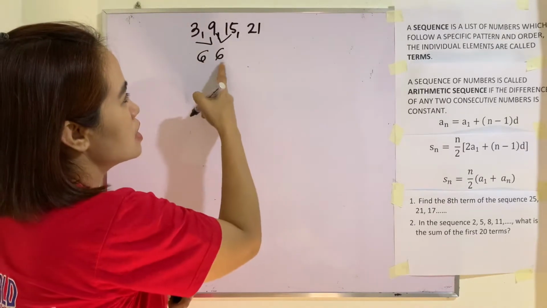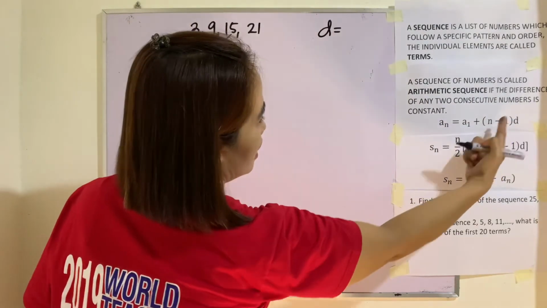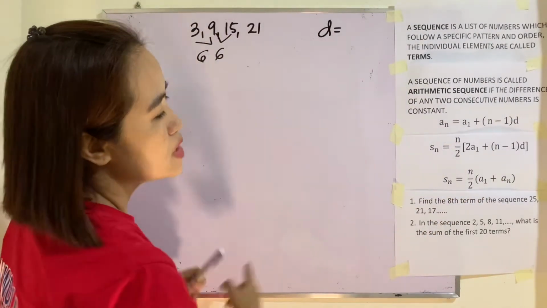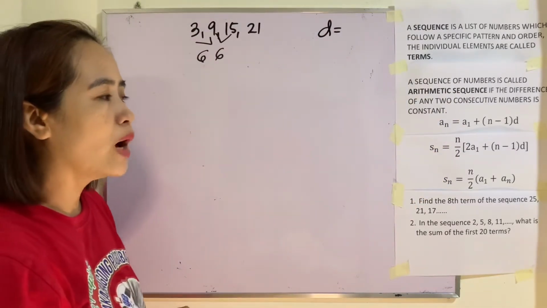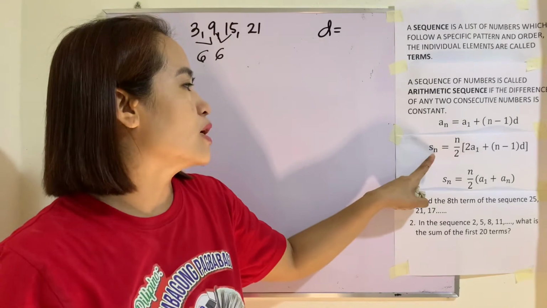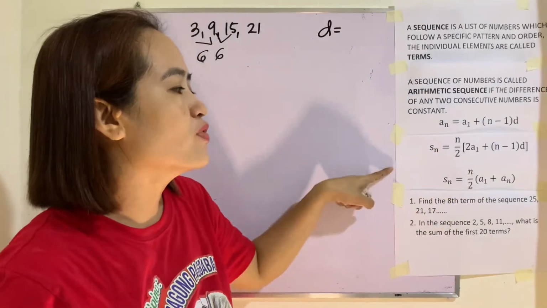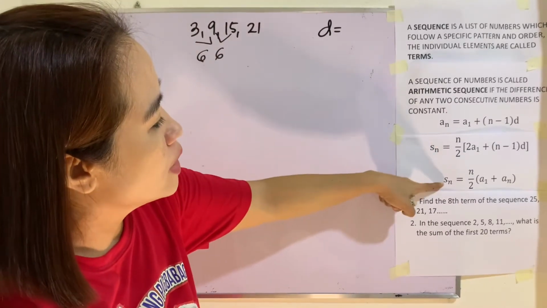Now, this 6 and 6 is what we call the d or the common difference. And here is of course the number of terms, n. A sub 1 is the first term and A sub n is the nth term. Now, if we are looking for the sum of the n terms, we will be using this formula. Okay? So you can use this formula or this one.